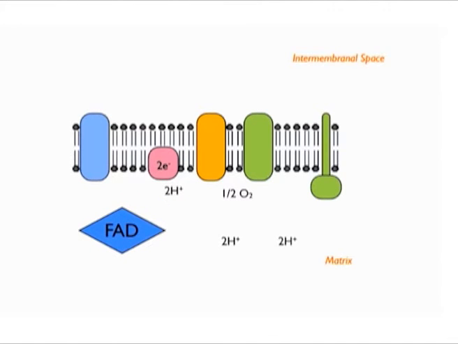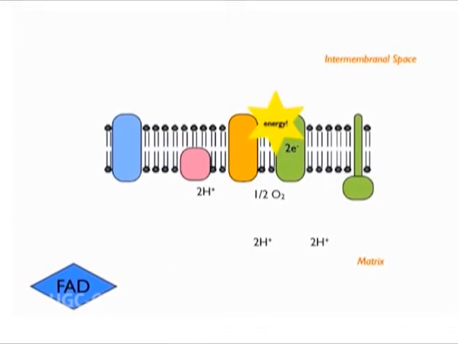Electrons and protons are then passed on to ubiquinone and the rest of the complexes in the chain. The succinate Q reductase complex does not act as a proton pump, as the free energy change is insufficient to actively transport protons across the membrane.